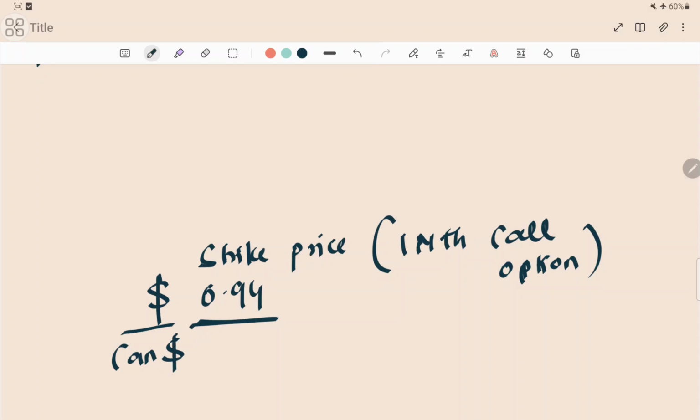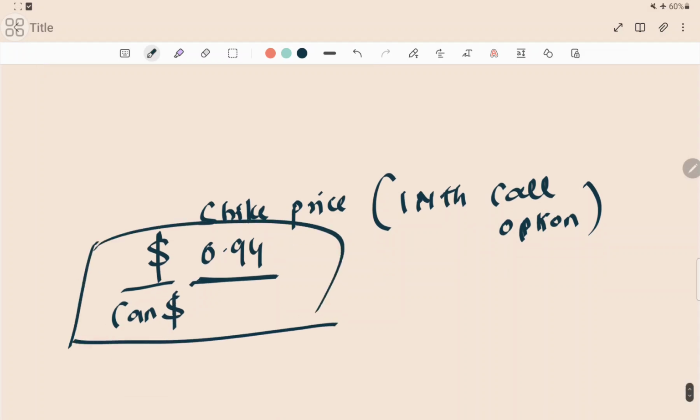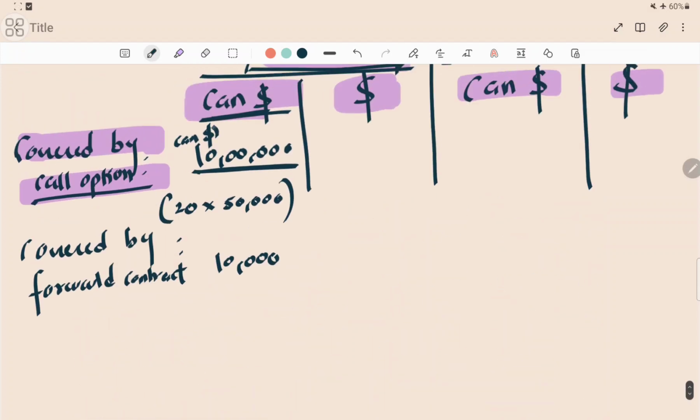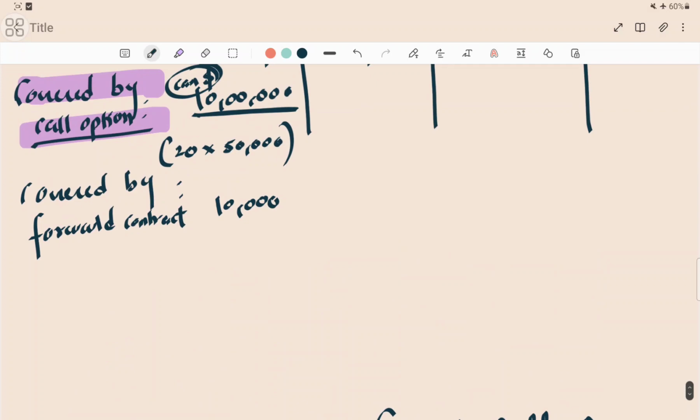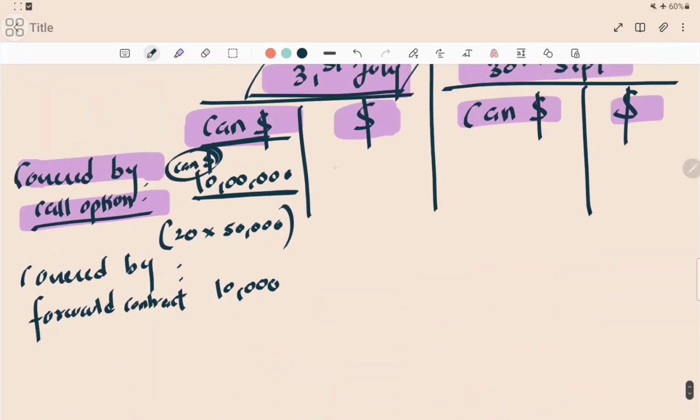We have seen this repeatedly. So basically a Canadian dollar quote, and this is also Canadian dollar exposure, so we have to multiply this. When you do that, 0.94 into 10 lakh, simple, 9 lakh 40,000 dollars. I don't have to write this dollar here because it's clearly mentioned in the heading itself, but still, got it.